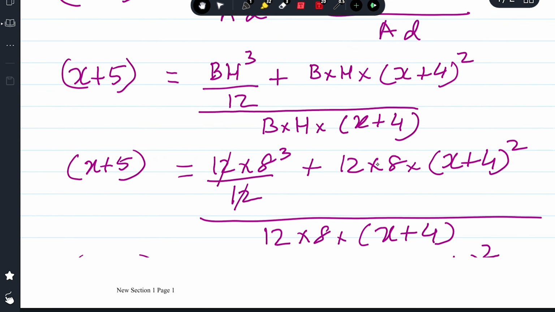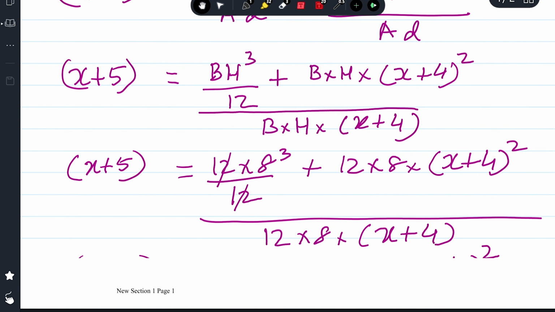Simplify this, cross multiply and simplify. X plus 5 is 12, the breadth, into 8 cube, BH cube upon 12, which cancels out, plus 12 multiplied by 8 into X plus 4 whole square, upon 12 into 8, the area, and X plus 4, the D.